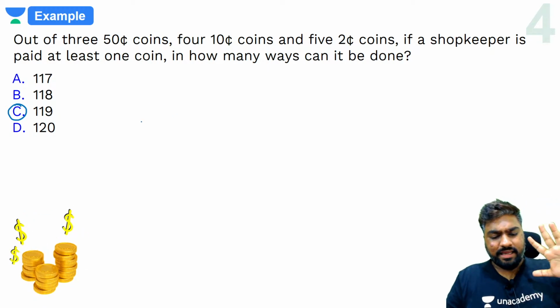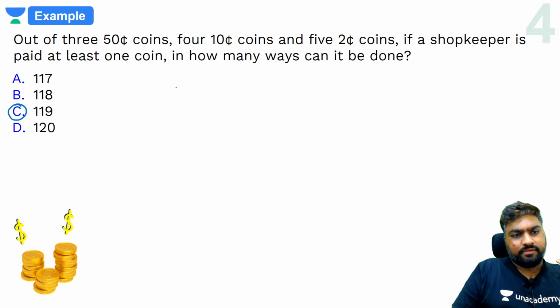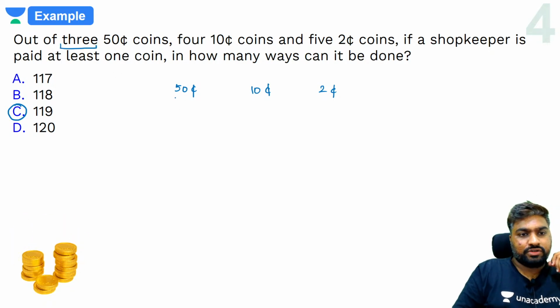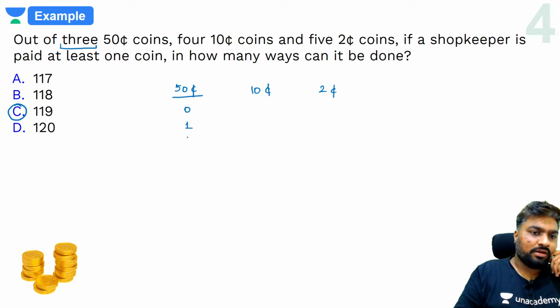So what's the scene here again? Very, very simple. We have 50-cent coins, 10-cent coins, and 2-cent coins. How many coins are there? 50 cent, 3 coins are there. So for 50 cent, I can select 0, 1, 2 or 3 coins.